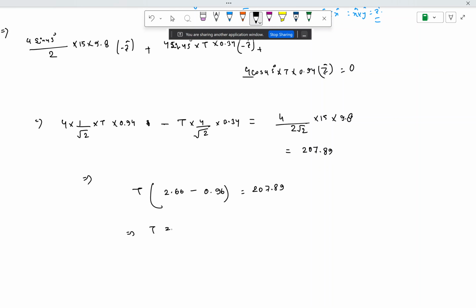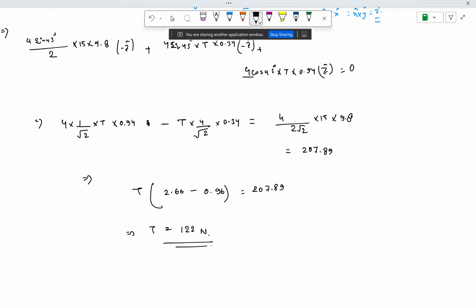So t is basically 207.89 divided by 2.66 minus 0.96, which is nearly 122 Newton. So this is the tension on the rope that we have calculated in this question.